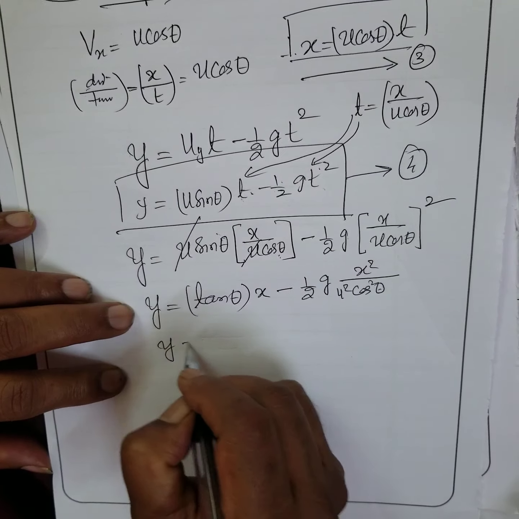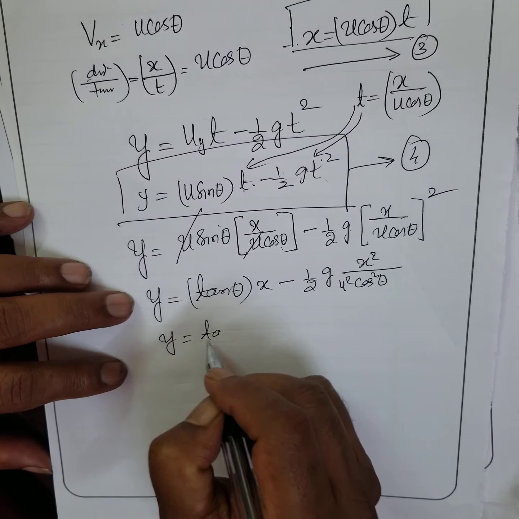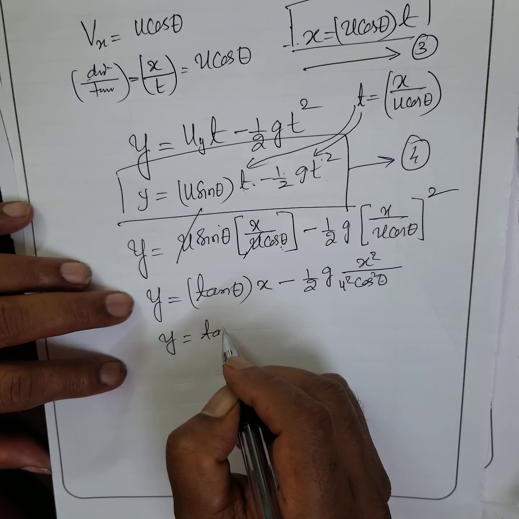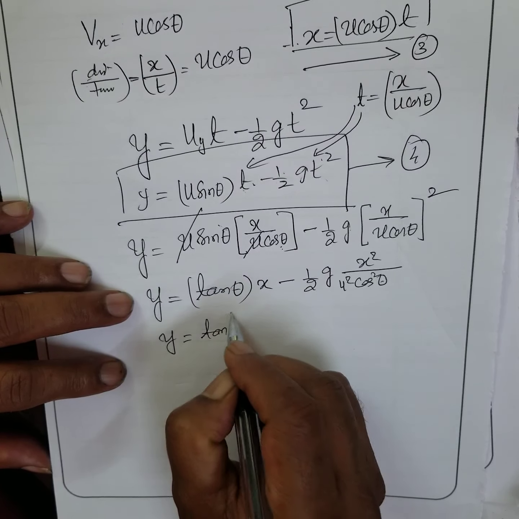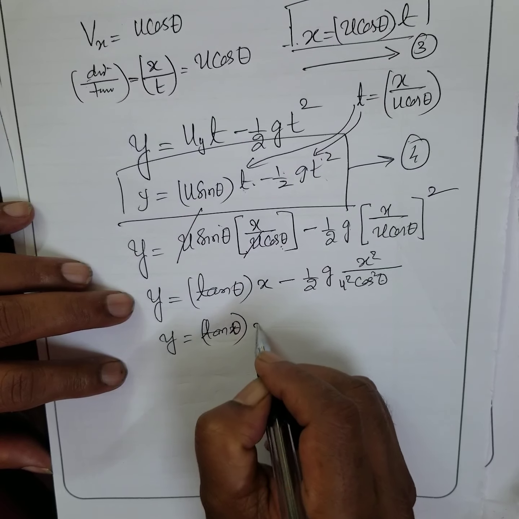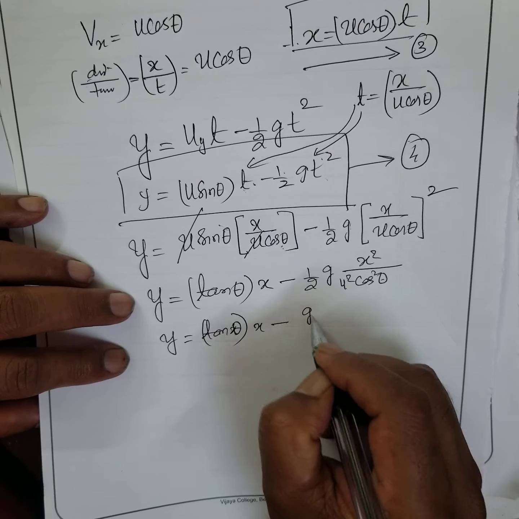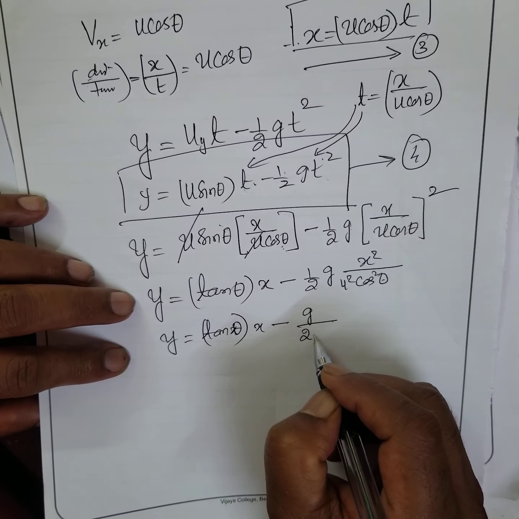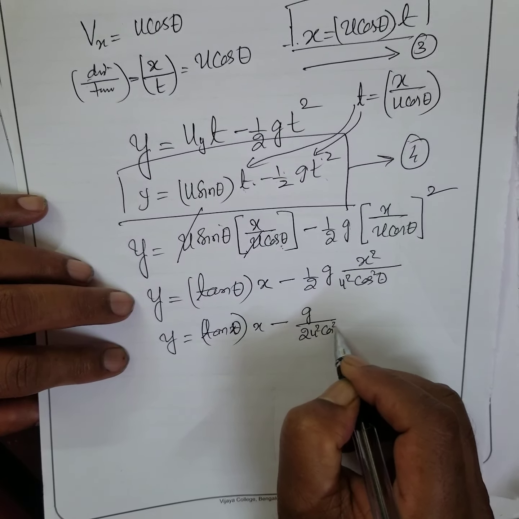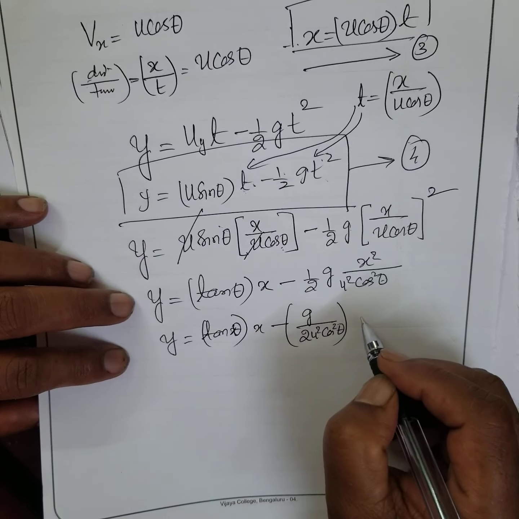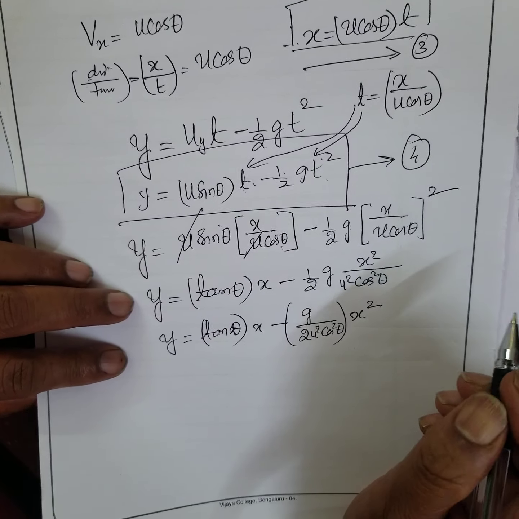Or I'll write y is also equal to tan theta x minus g by 2 u square cos square theta x square.